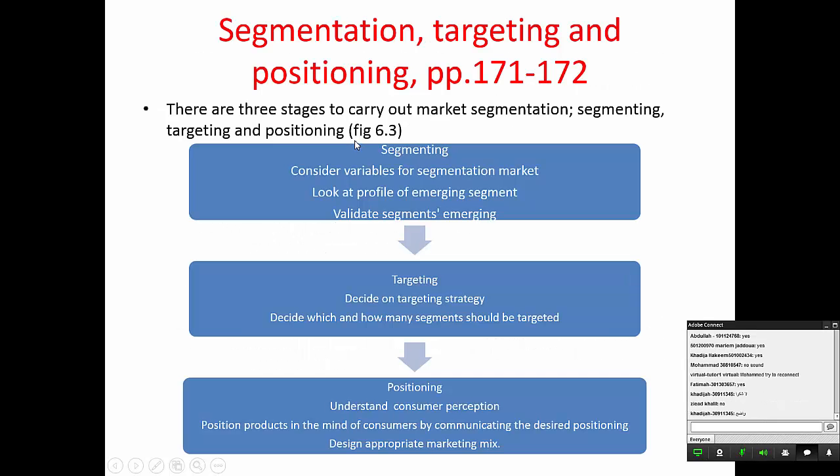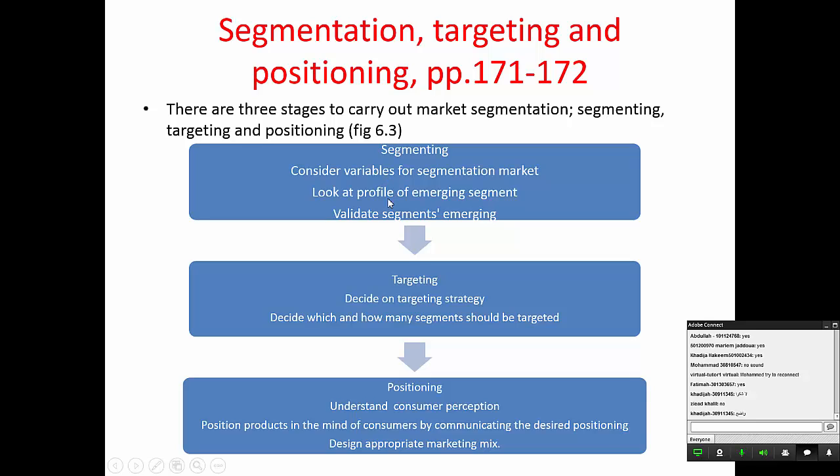So these are the three strategies that we use in marketing, and those three strategies are segmentation, targeting, positioning. In segmentation, as we said before, we divide the market into different groups based on their needs or based on some similar variables that they have.